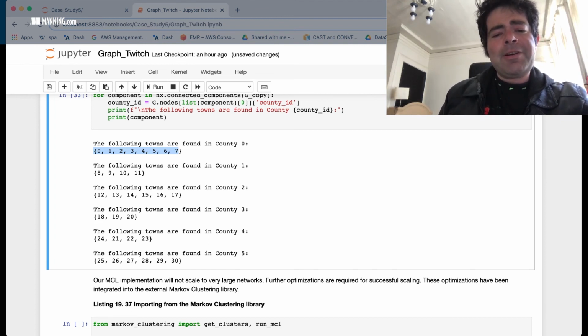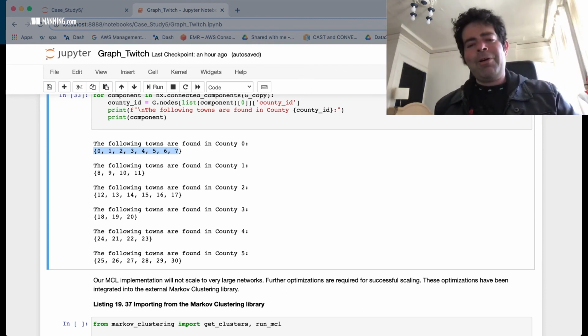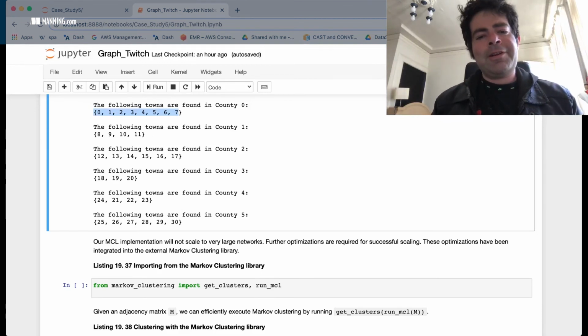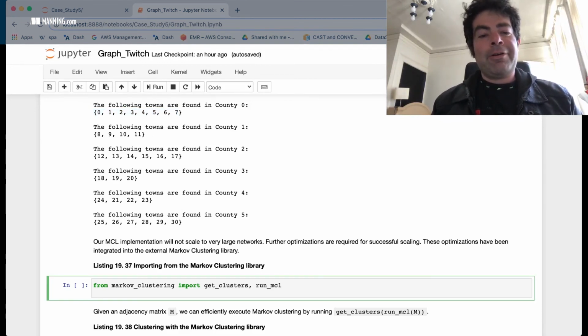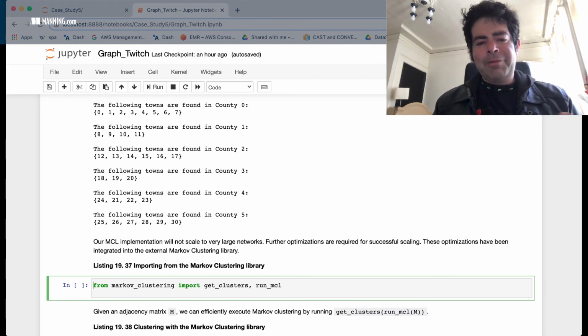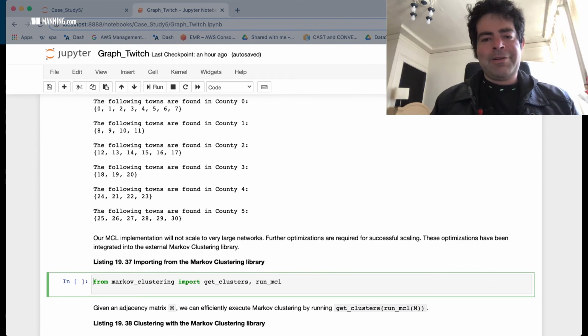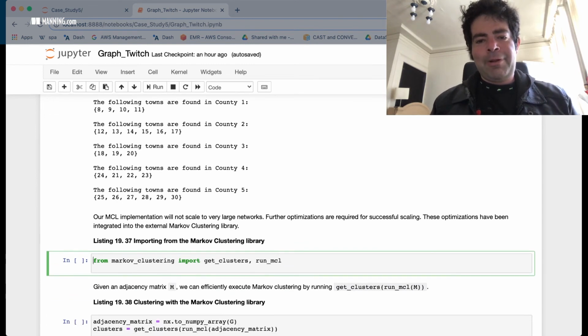Now our implementation is going to work well for small to medium sized graphs. There are additional optimizations that can be done to run MCL on a much larger scale, which I'm not going to get into here. But if you do want to run MCL on a larger scale, I suggest you use the external Markov clustering library, which you can obtain by pip installing markov clustering. Once you've obtained this library, you just import get clusters and run MCL functions from it.